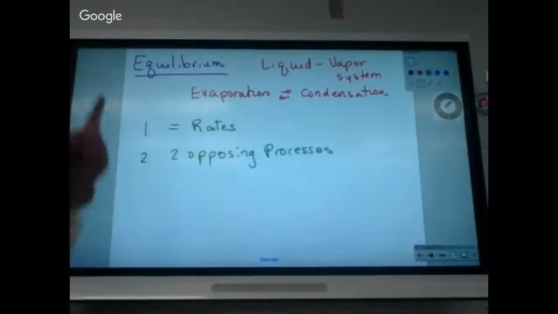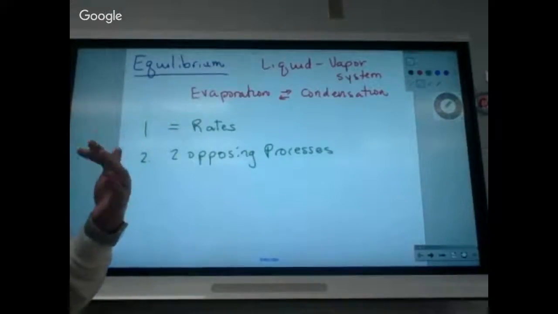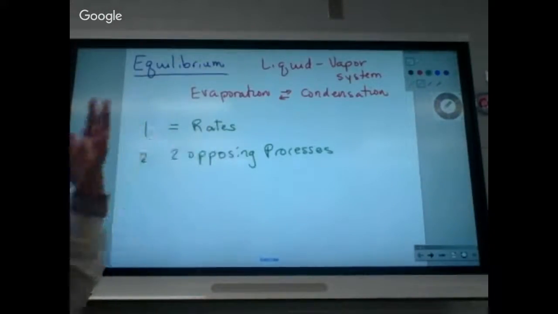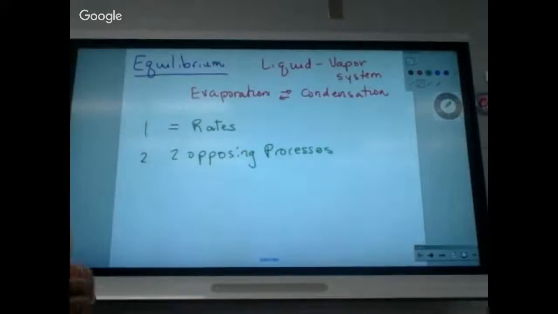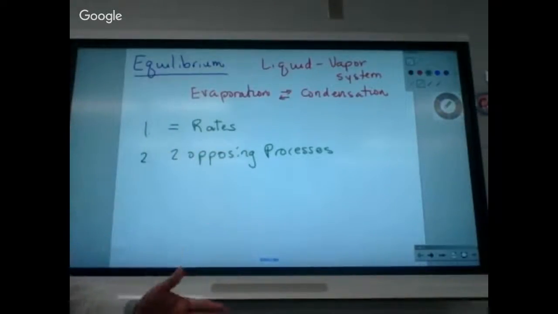We could do this with melting and freezing, or sublimation and deposition. However, because the state is going to ask you about evaporation and condensation, that's the example I'm going to use. You could do this with any of the 3 phase changes.